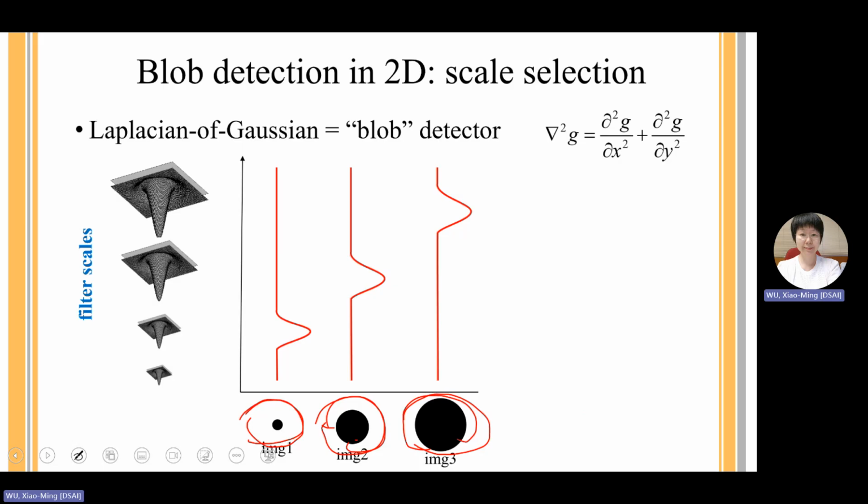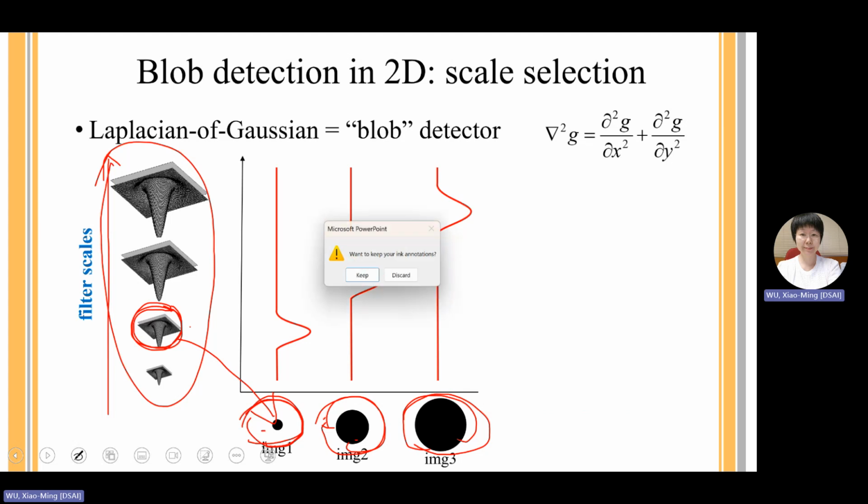You have to apply a set of filters with varying sizes, because each filter is specialized in identifying blobs of a certain scale. For example, this filter matches these blobs. Therefore, it will give the highest response among all these filters for this blob.